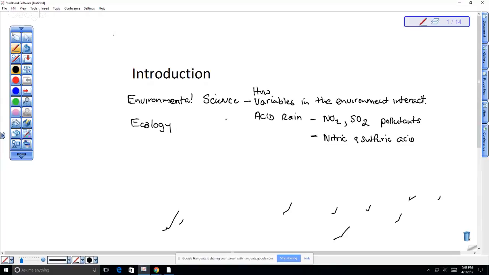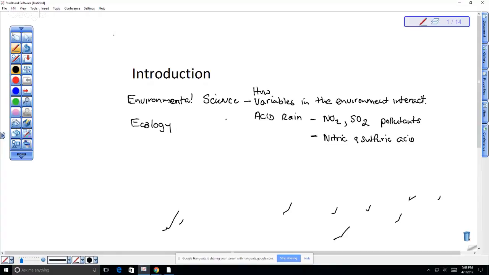And the interesting thing about this is that the industrial pollution can be produced in one area, and then it can move in the atmosphere, and you can get acid rain being deposited on land in another area. An environmental scientist, for example, might look at how pollutants are produced, how they interact with the atmosphere, and how those pollutants are dispersed.